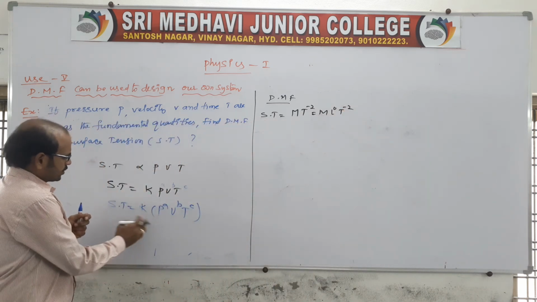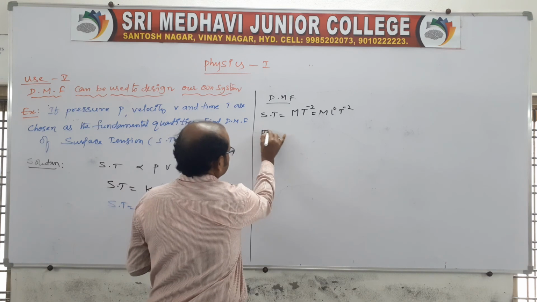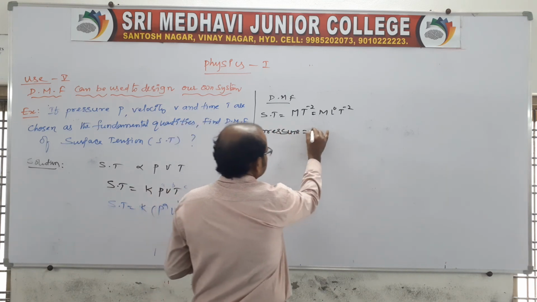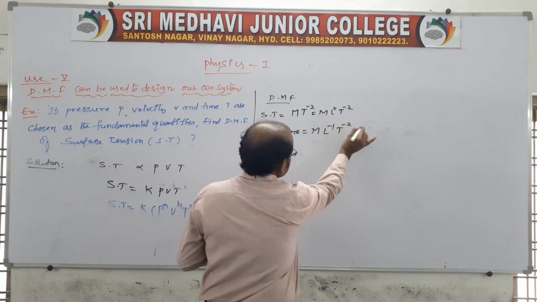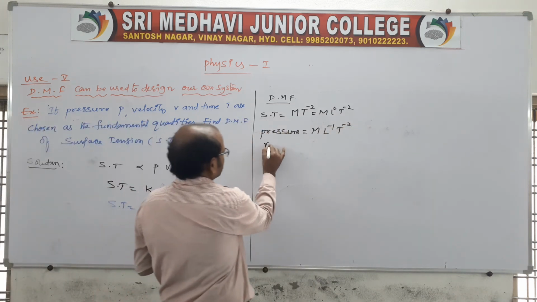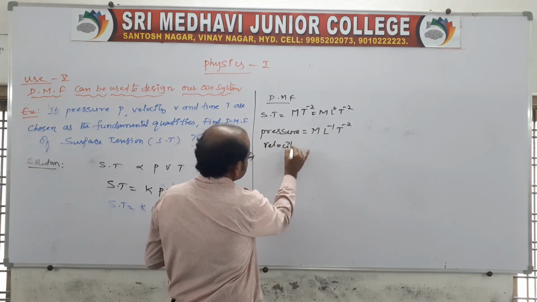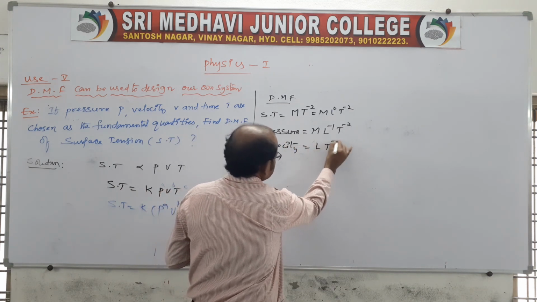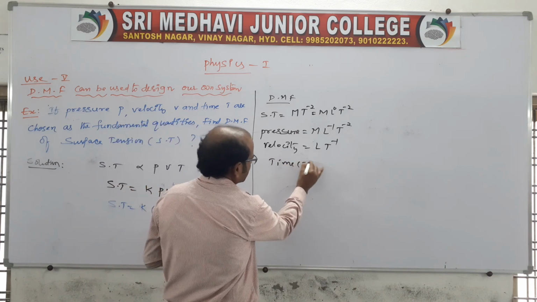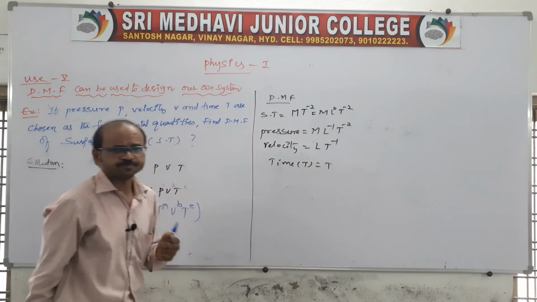Now pressure: we know the pressure dimensional formula is M L inverse T power minus 2. And velocity is L T power minus 1, and time is the fundamental, so we take it as T.